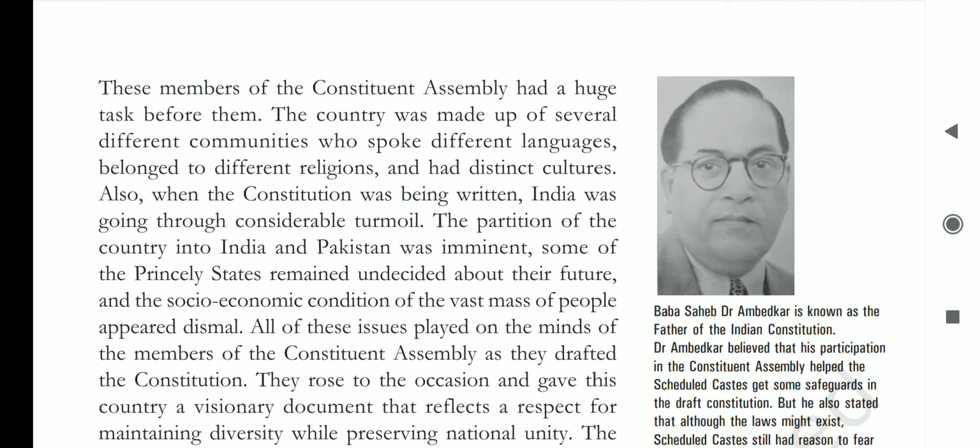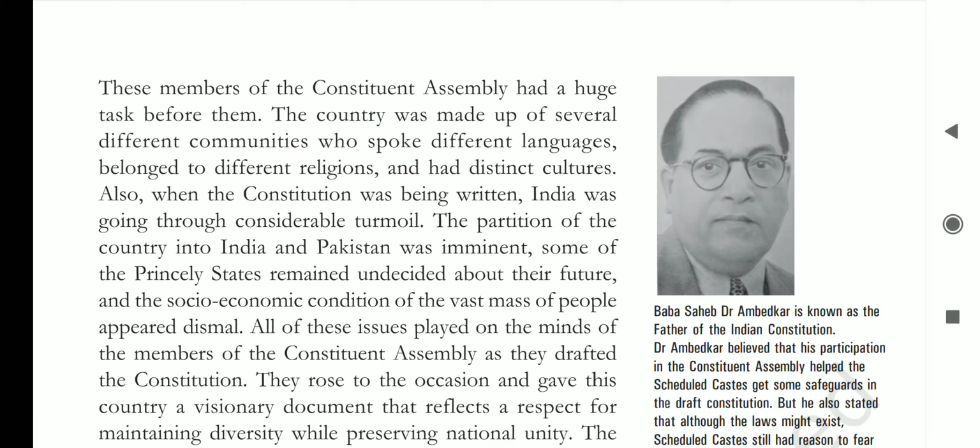They had to write the Indian Constitution not as per their own view, but keeping in mind that they were writing it for all of India.